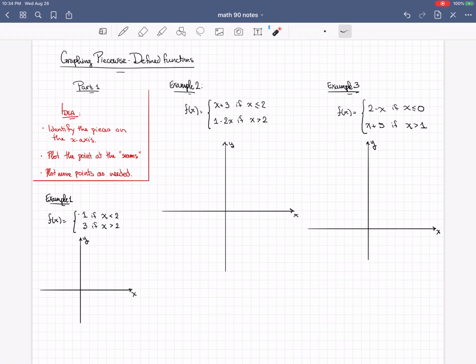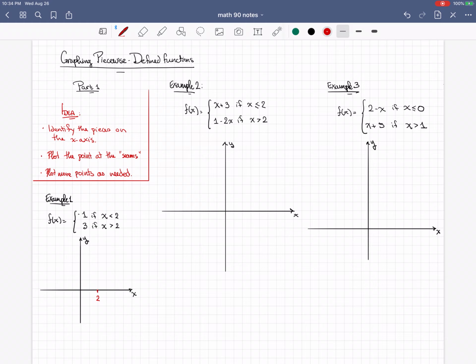Notice that we have a rule defined for inputs less than 2 and for inputs greater than 2, but we do not have a rule defined for the input 2 itself. We'll talk more about that in a second. All right, so remember how I said identify the pieces on the x-axis? I'm going to actually do that in red. Everything breaks at 2.